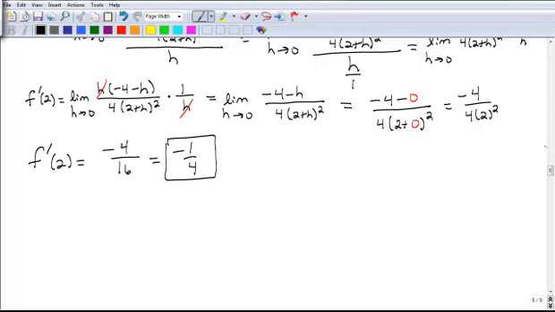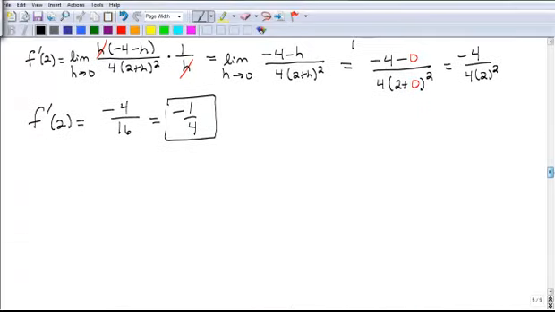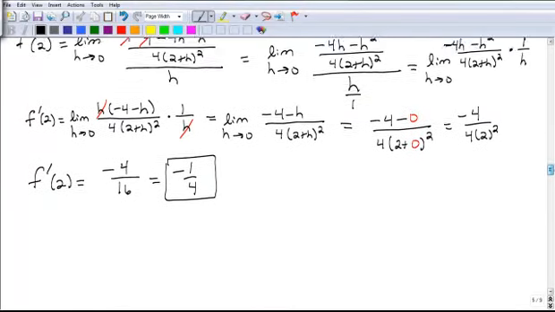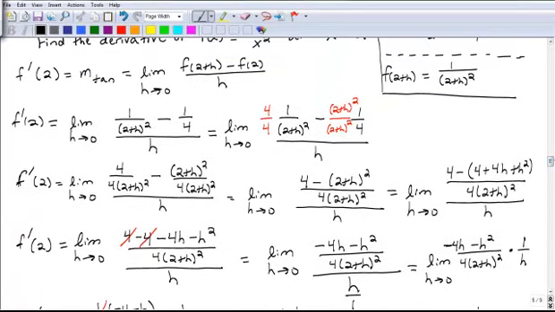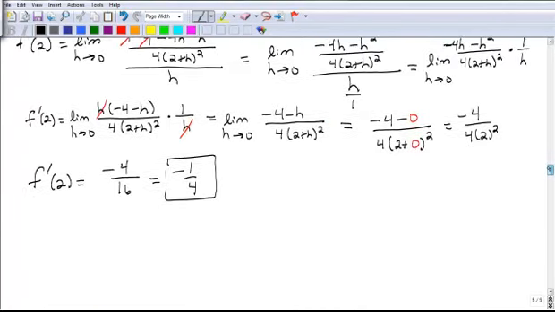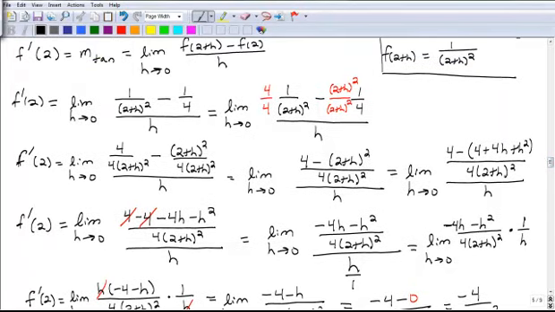So the slope of the tangent line to 1 over x squared at x equals 2 is negative 1/4. And to calculate this derivative, we use the same formula. The limit as h goes to 0 of f of a plus h minus f of a over h. And notice it's all algebra. Calculus is glorified algebra. So we do all these algebraic steps. We can't cancel the h here.